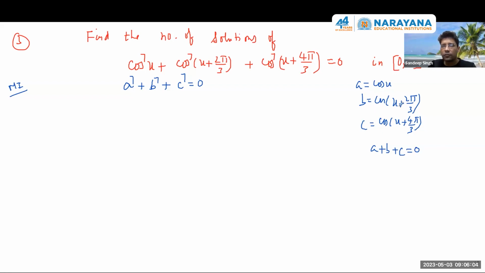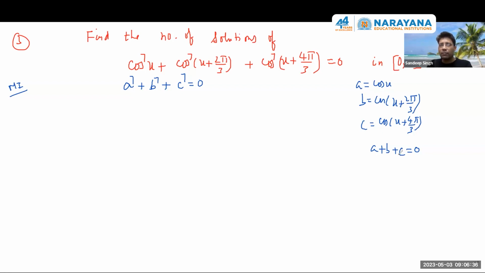cos x plus cos of x plus 2 pi by 3 plus cos of x plus 4 pi by 3. You can apply the formula and check, or else you can say what I said just now, that they are the components of three vectors inclined at an angle of 2 pi by 3 with each other. Now, what should be your objective? To obviously reduce the complexity of this equation. So first of all, let us reduce the variables.